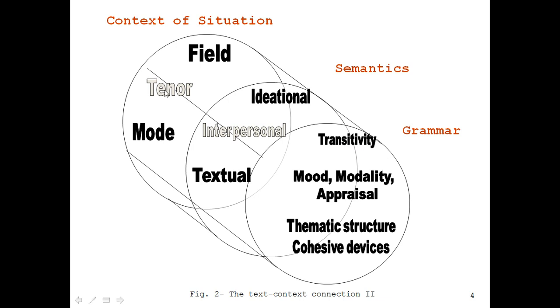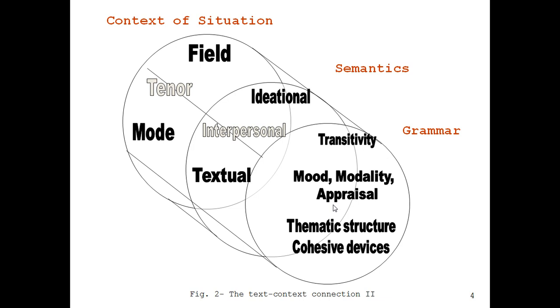Tenor, as I told you before, is the dimension of the context of situation, the meta function that answers the question, who is taking part? And tenor expresses the interpersonal function of language. Okay? And that is instantiated in three systems: the system of mood, the system of modality, and the system of appraisal.